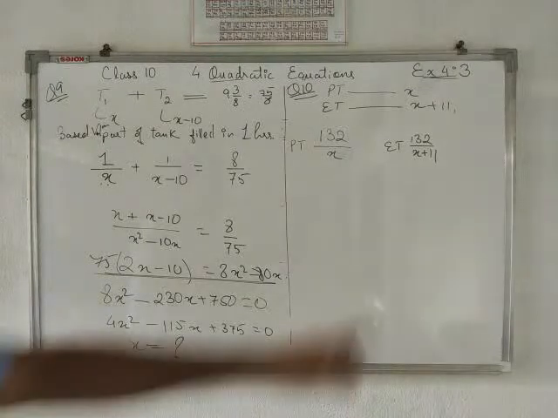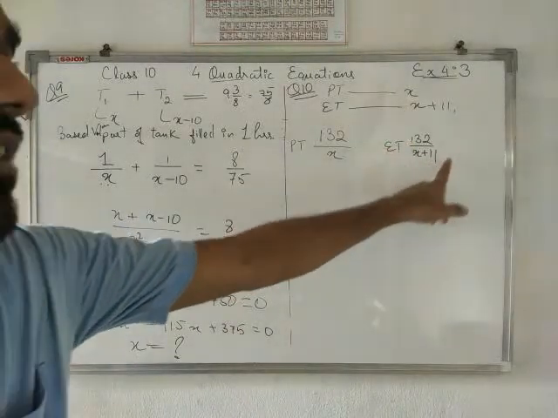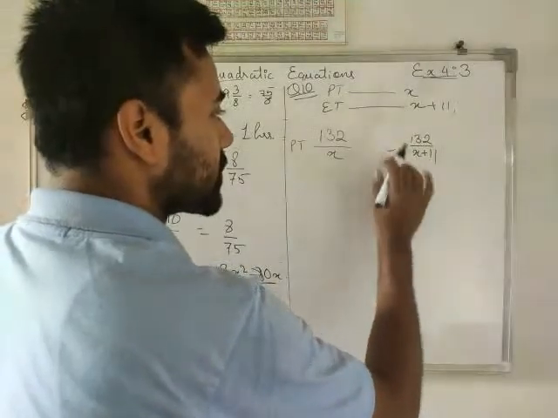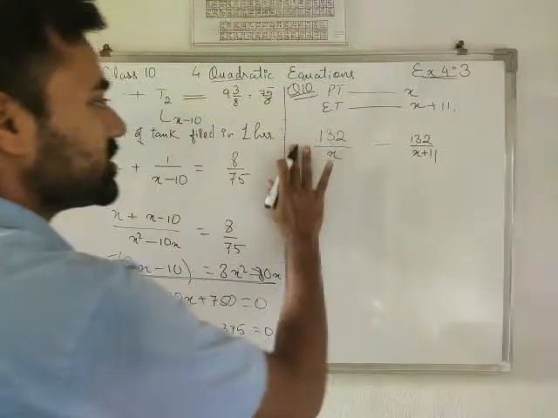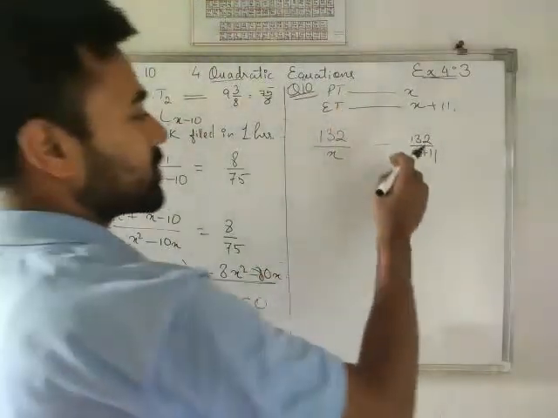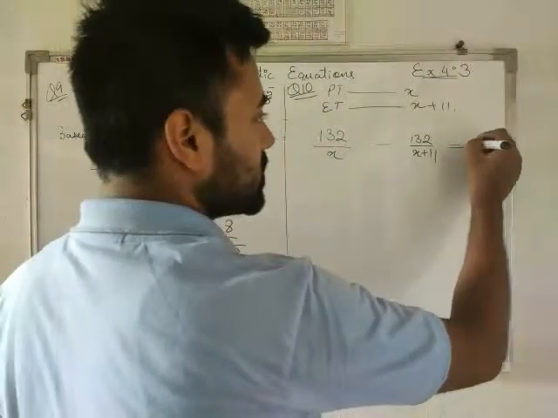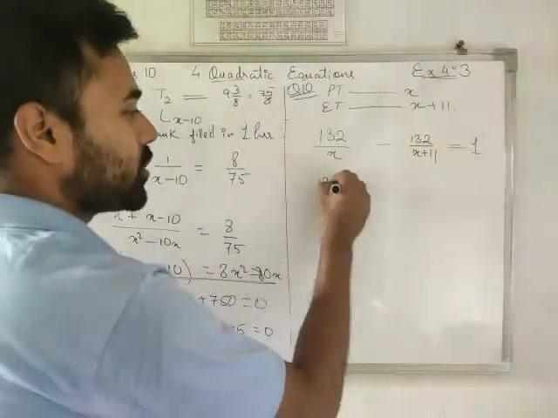Obviously, since the express train is faster, it will take less time, and the time difference is 1 hour. So when we subtract, passenger train का time minus express train का time is 1 hour. I hope you have understood.